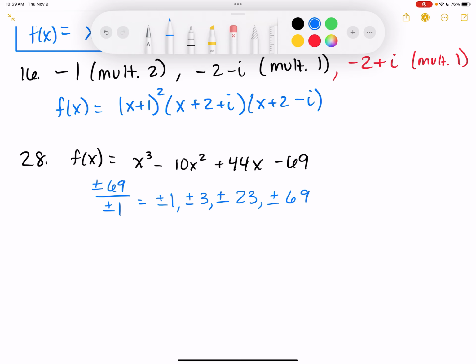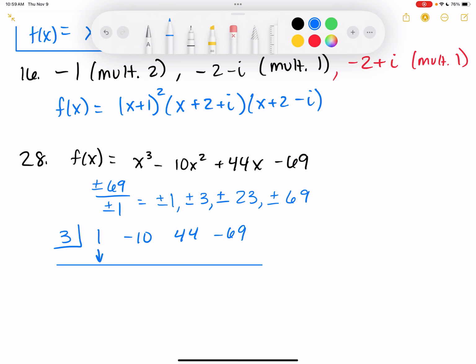So we're going to use synthetic division to do that. So 3 up here in the corner. We have 1, negative 10, 44, and negative 69. And don't forget, if there's ever a term missing, make sure you put in the 0.